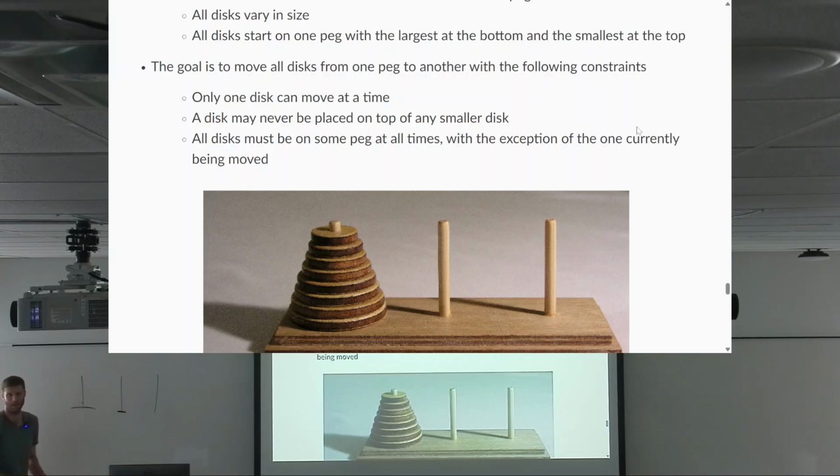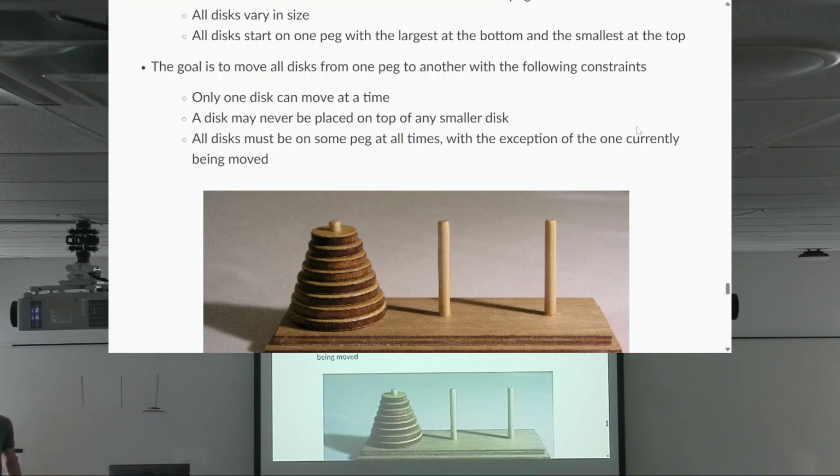Usually, depending on how you formulate the problem, which one's the final destination doesn't really matter. All that matters is that we move them off one of the disks to one of the other disks. Then I move the bigger disk, and then I move the smaller disk.